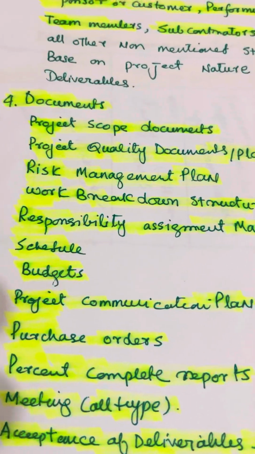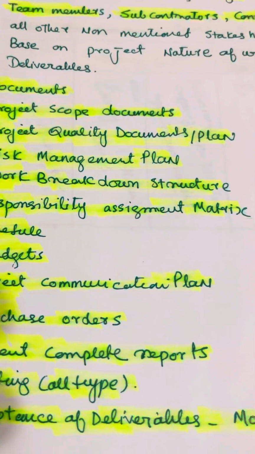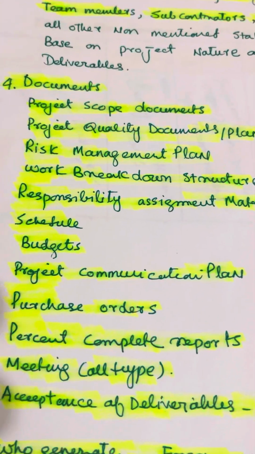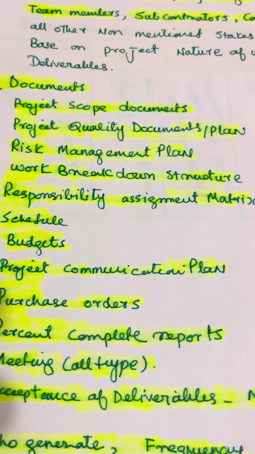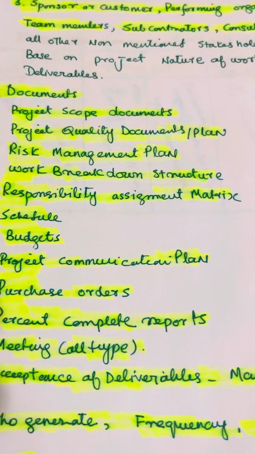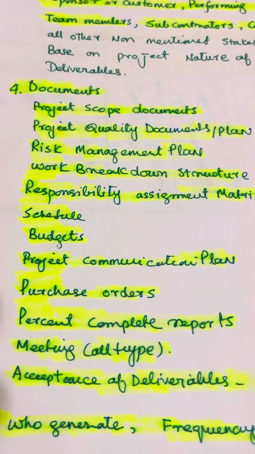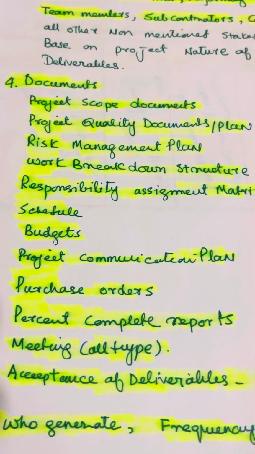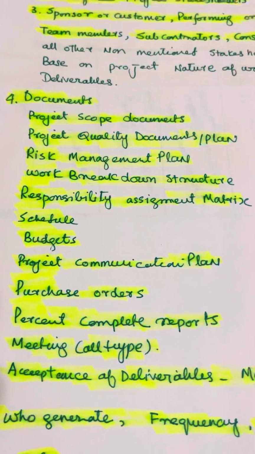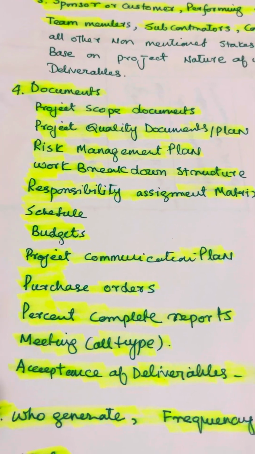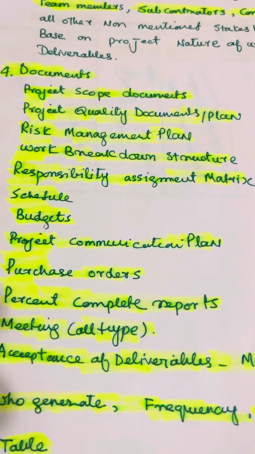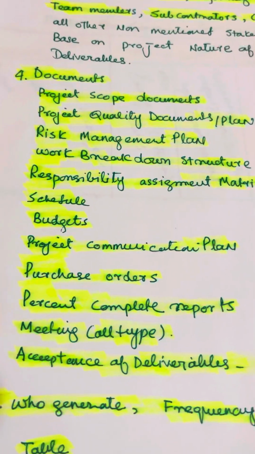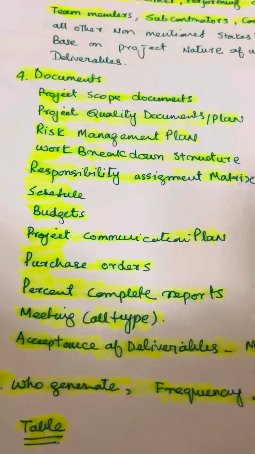Let's say the project scope documents, project quality documents, plan, risk management plan, work breakdown structures, responsibility assignment matrix, schedule. It's all about the project, which you're going to communicate to all these stakeholders. Budget, project communication plan, and purchase orders are also usually templates.